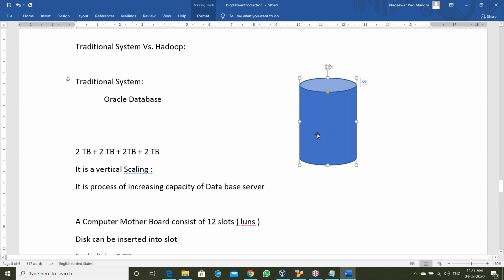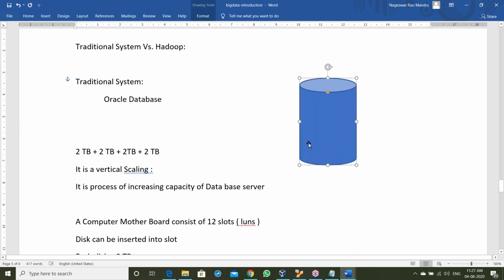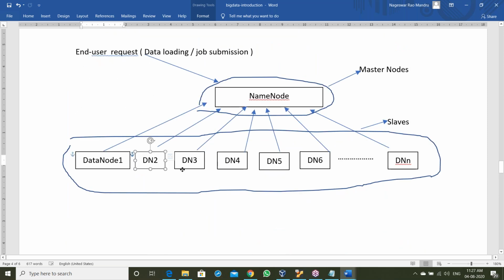See, in traditional systems, we increase the capacity of one server, right? But in Hadoop, horizontal scaling is adding servers, increasing the number of servers. Instead of increasing the capacity of only one server, we make multiple servers.